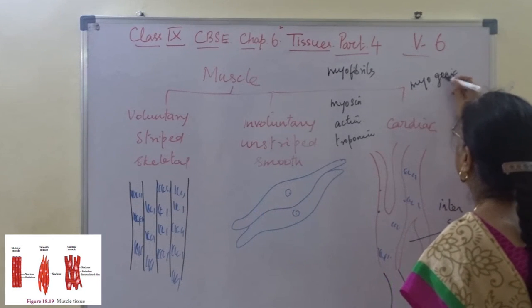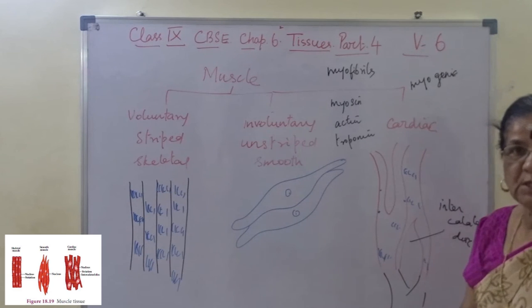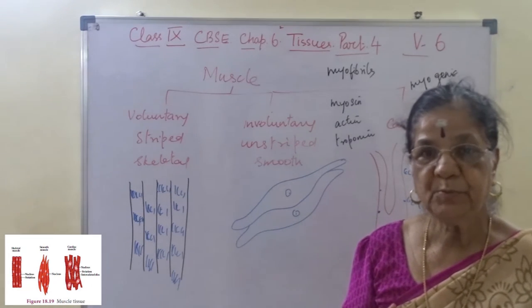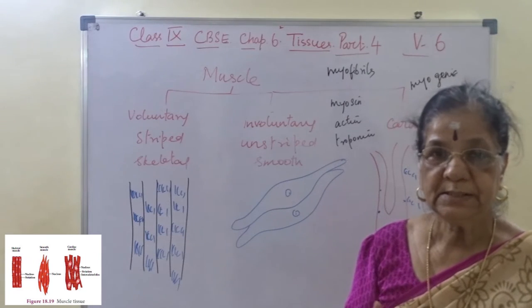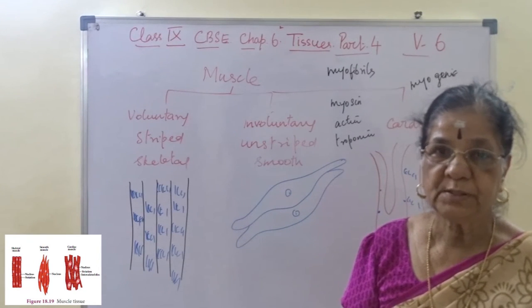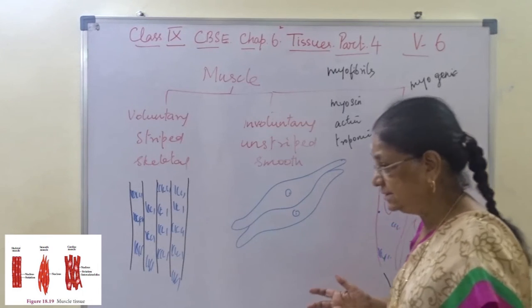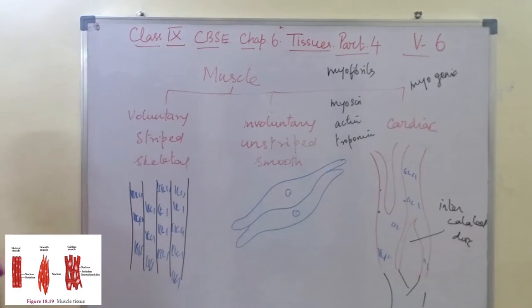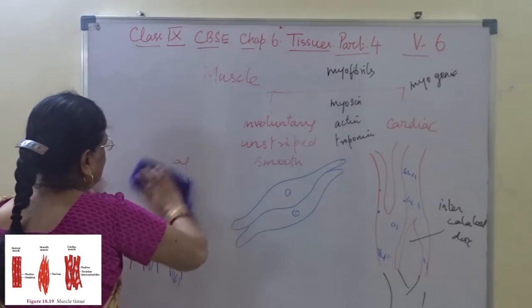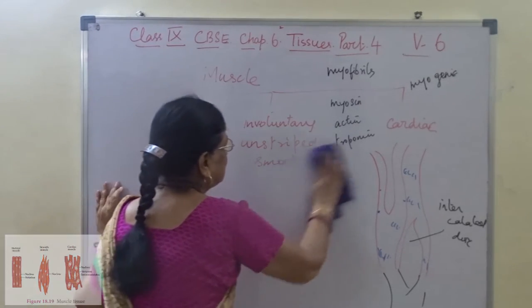It is called myogenic because the cardiac muscle is capable of initiating the rhythmic activity of the heartbeat. I hope you are able to follow this. So this forms the structure of muscle tissue and its types: voluntary muscle, involuntary muscle and cardiac muscle.